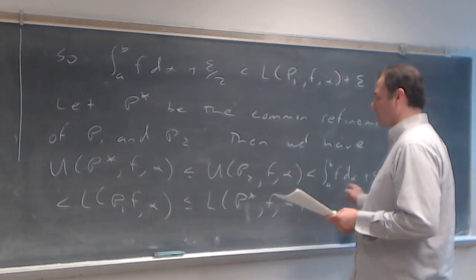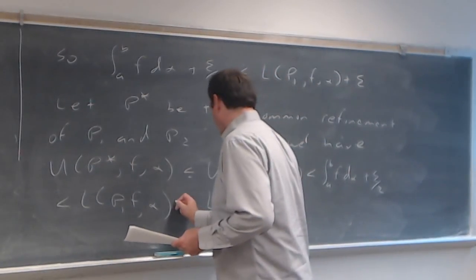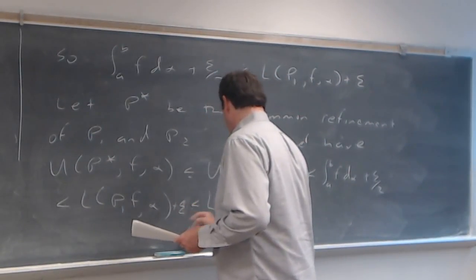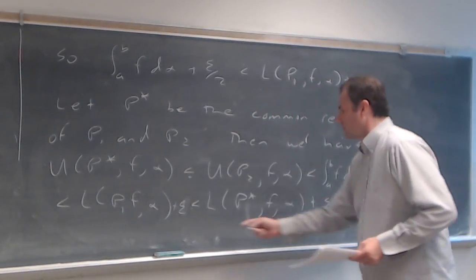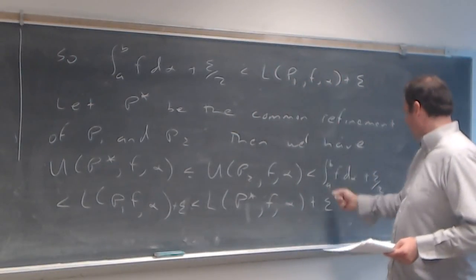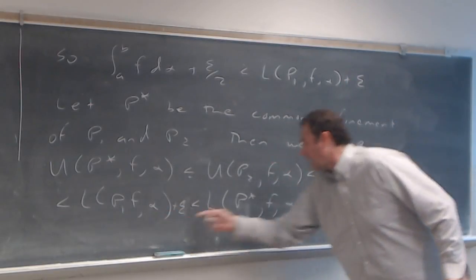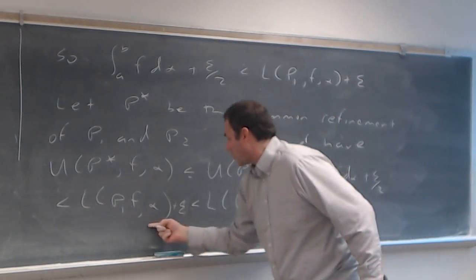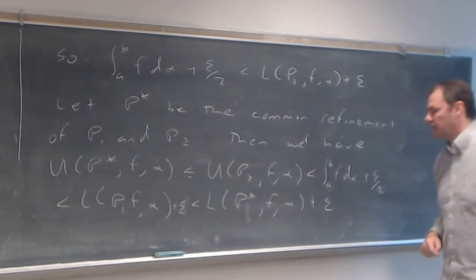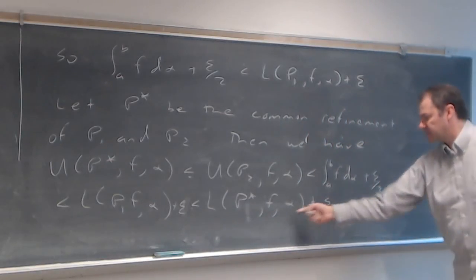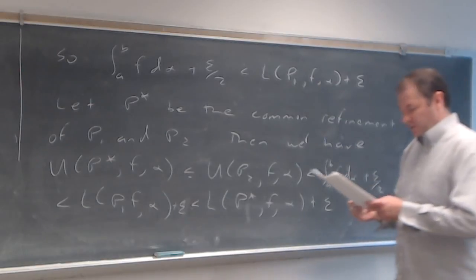So this was less than, oh, I made a mistake. It should be less than the lower sum plus epsilon. So here I miswrote this part. So this guy right here is less than this guy. But this part is less than this part. So this lower sum is less than this lower sum. Okay.